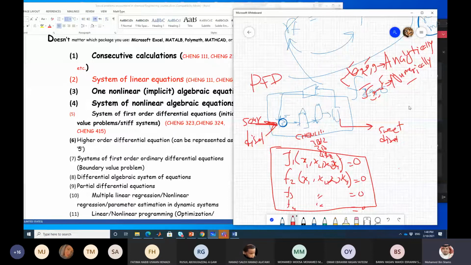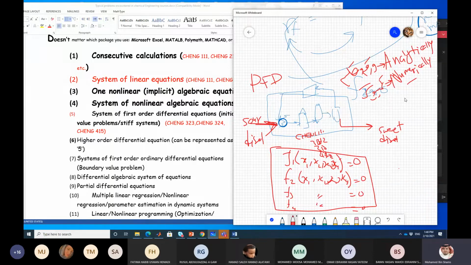I don't know if you are aware that MATLAB can also be installed on your cell phone. Of course, you need to buy that application. So you can see that the world has become more digital, and digital means computerized.